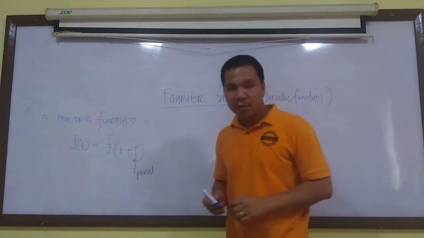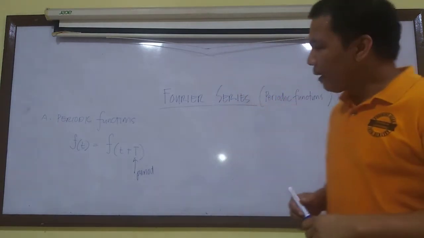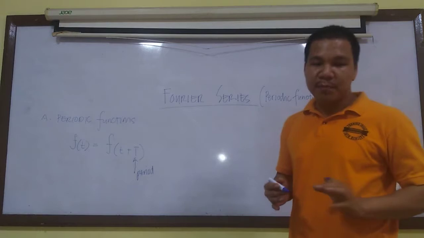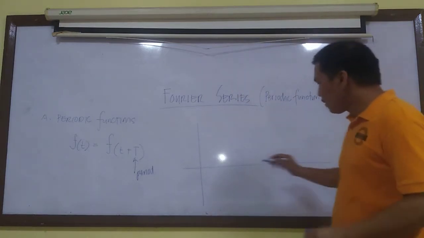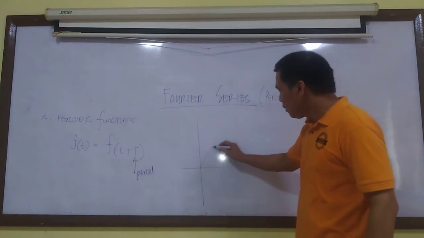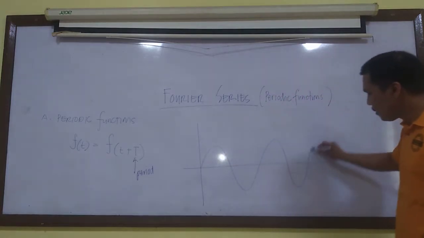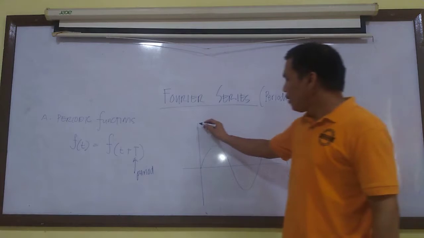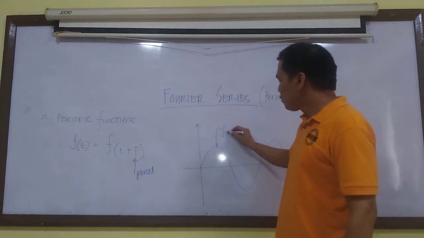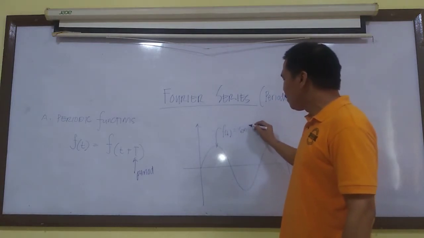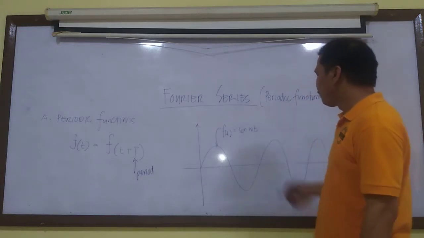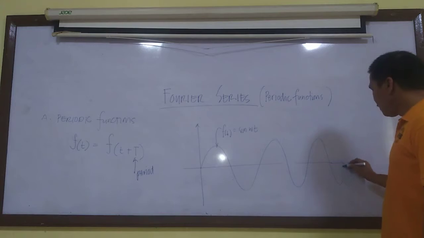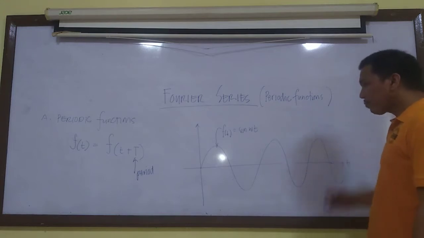So for example, if I have here a simple periodic function, let's label this as your sine wave, f(t) equals sine of omega t. Omega there is your radian frequency.